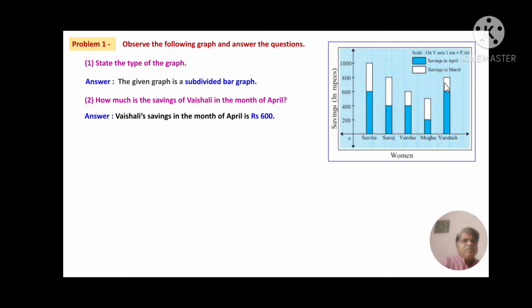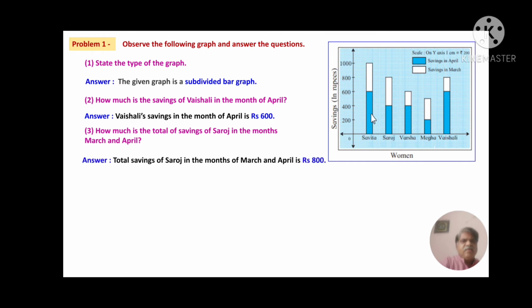Vaishali is here, so it is shown with 600. How much is the total savings of Saroj in the months of March and April? Saroj, you can see here, and the total savings you get is 800 here.